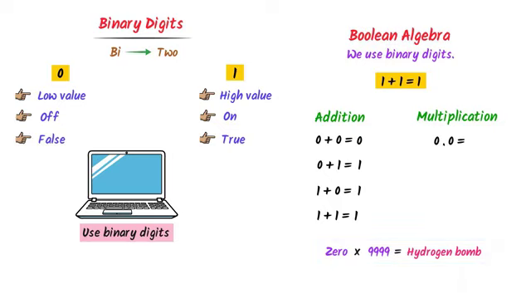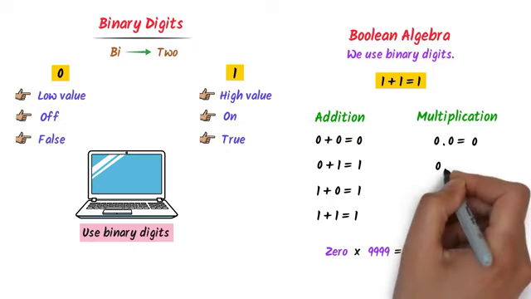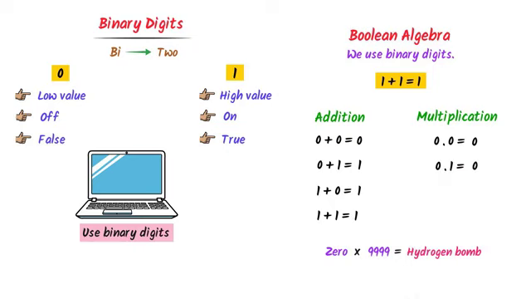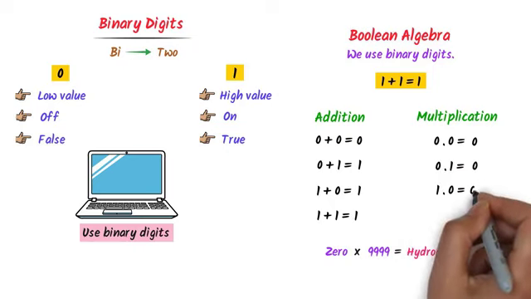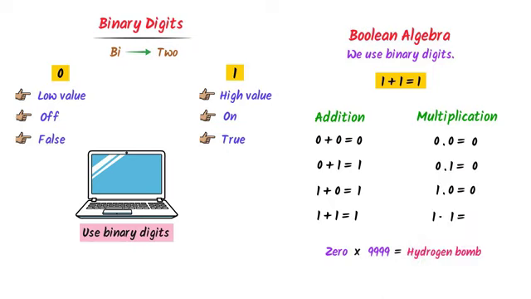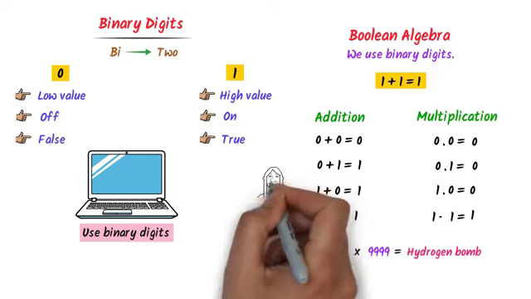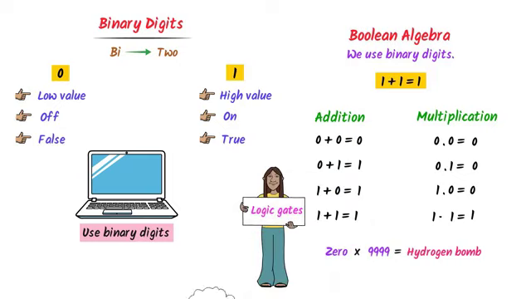Like 0 into 0 is equal to 0, 0 into 1 is equal to 0, 1 into 0 is equal to 0, and 1 into 1 is equal to 1. Thus remember that in Boolean algebra, all the mathematical operations are the same except 1 plus 1 is equal to 1.